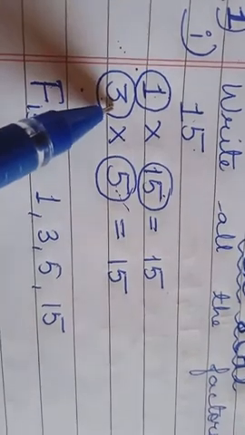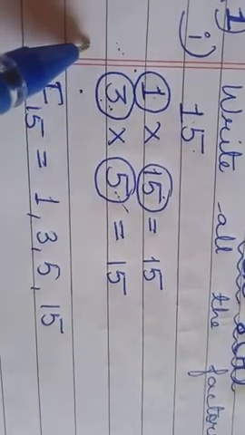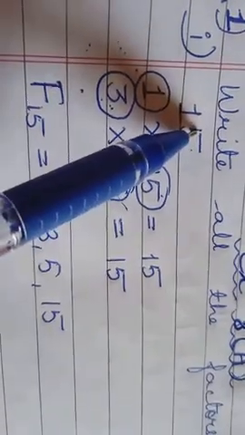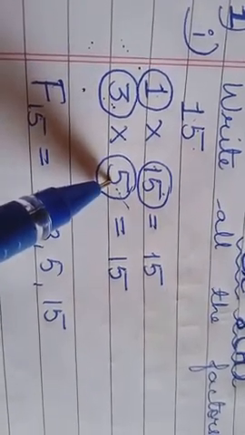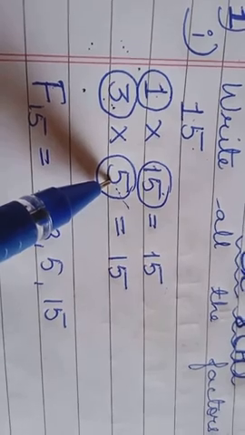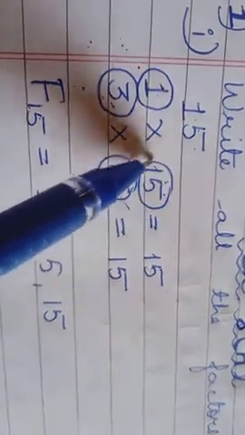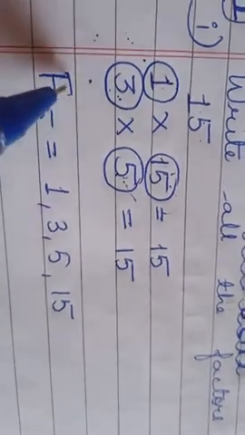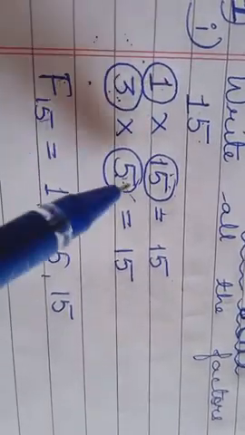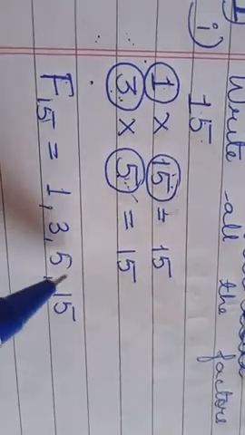Then 3 is there. 4 is not there because 4 doesn't divide 15 completely. Then 5 is there. 6 is not there. 7 is not there. 8, 9, 10, 11, 12, 13, 14, 15. So 15 is there. So what are the factors of 15? 1, 3, 5 and 15.